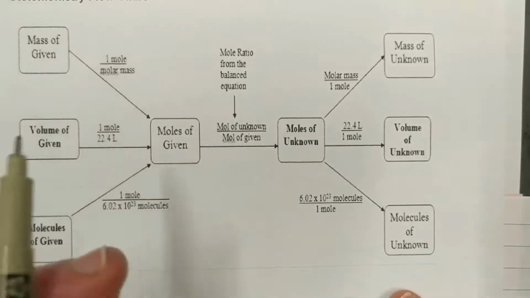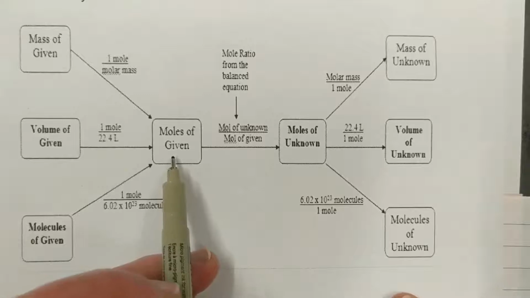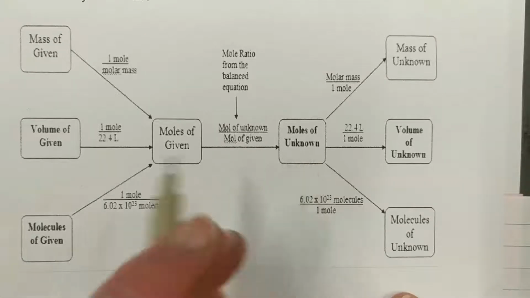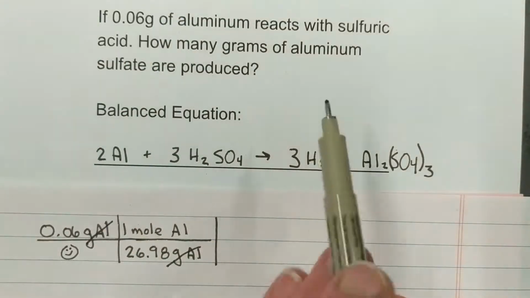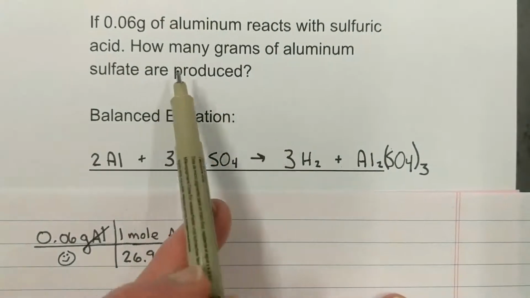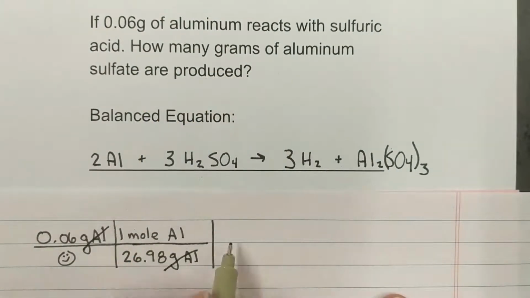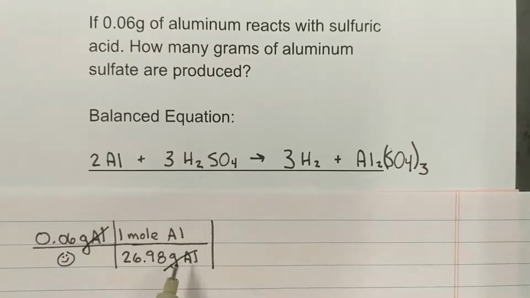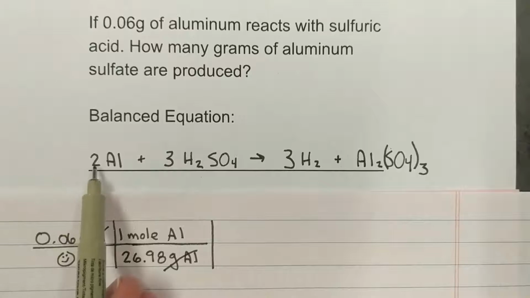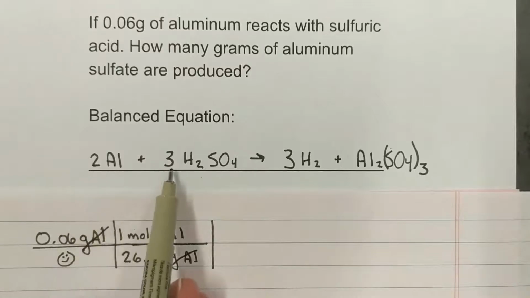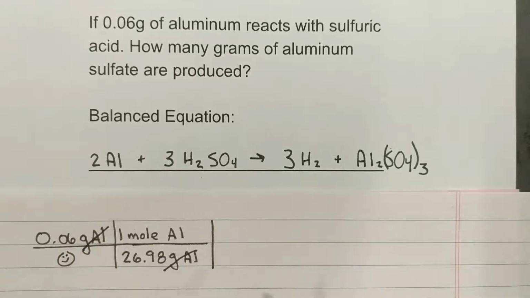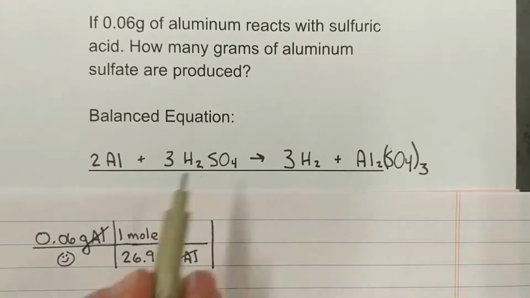Our next step, we're going to go from the moles of the given, moles of aluminum, to the moles of the unknown. Our unknown is aluminum sulfate right here. So here's where people have trouble. We get this mole ratio from the coefficients in the balanced chemical equation. And I want to cancel the moles of aluminum and go to moles of aluminum sulfate.